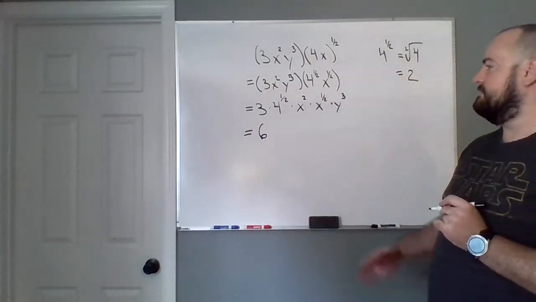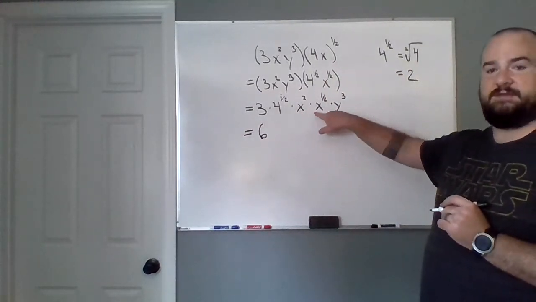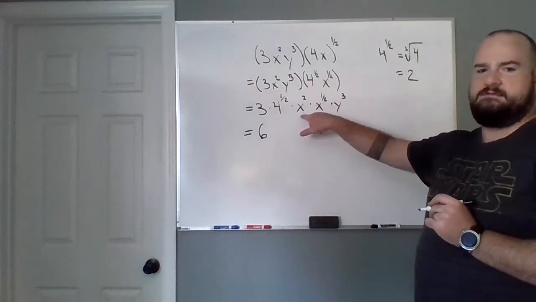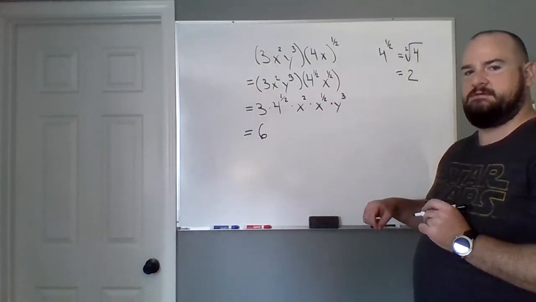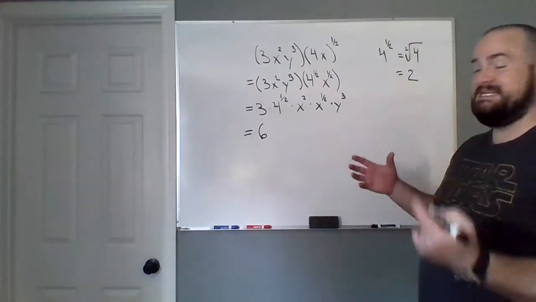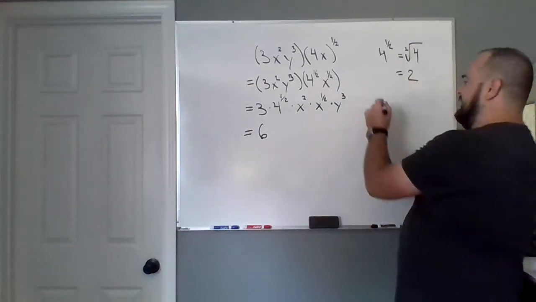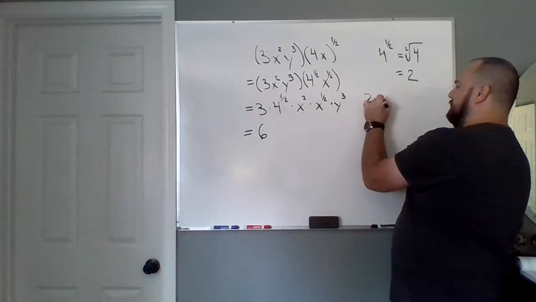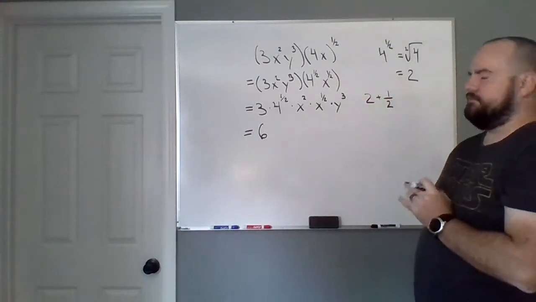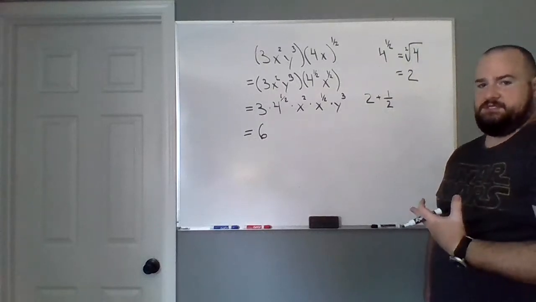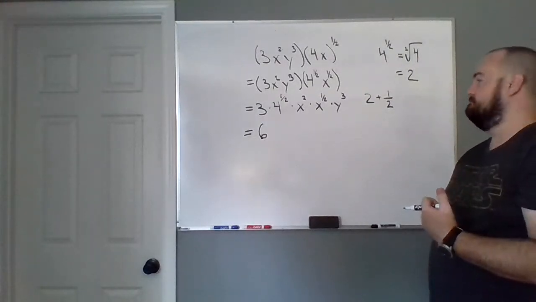Okay? Now the next step says to do x squared times x to the 1/2. The same base, so how do I combine those exponents? That's right, we add them. So I need to add these together, which means I have to add 2 plus 1/2. Now if you remember, to add fractions, you have to have a common denominator.